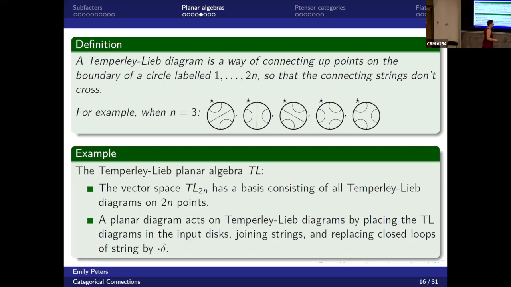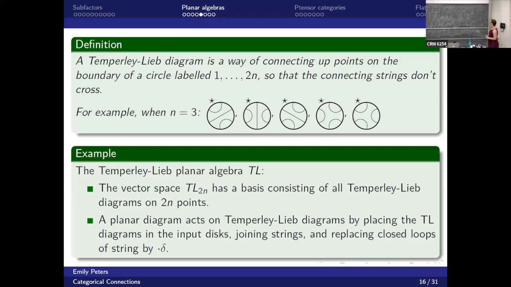Almost. Now there's one thing that you could have happen here, which is that you might have something that looks like a perfectly reasonable TL diagram, but it's got some free-floating loops of string on the inside, right? We saw earlier how those can be created. And so the convention is that you just use a variable delta to represent those.